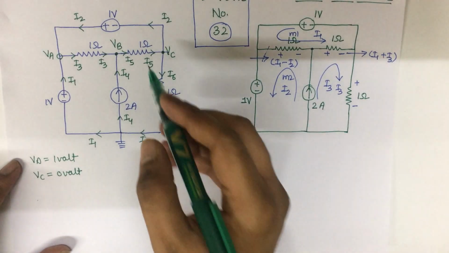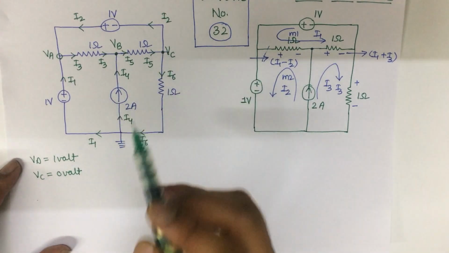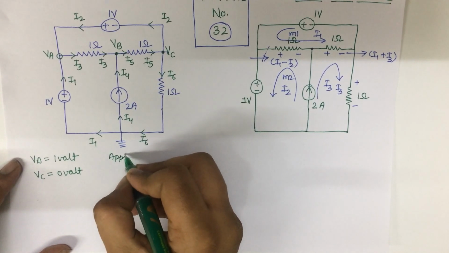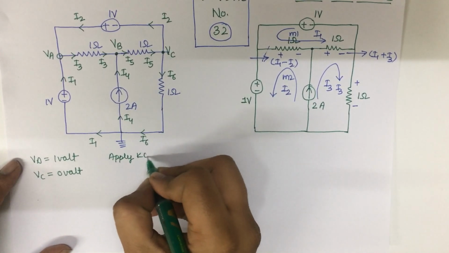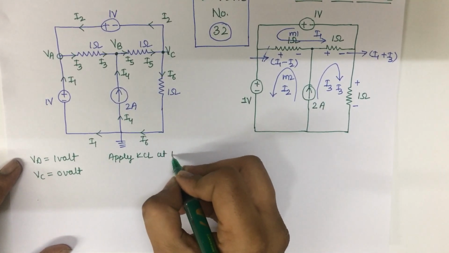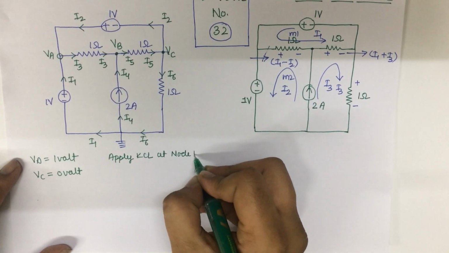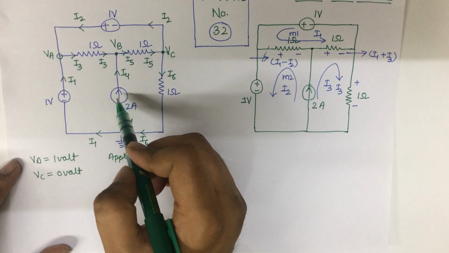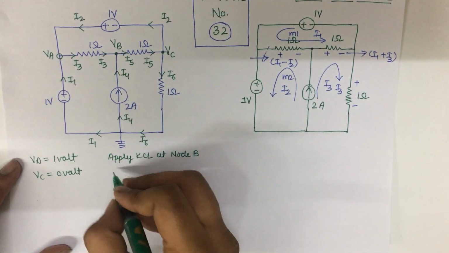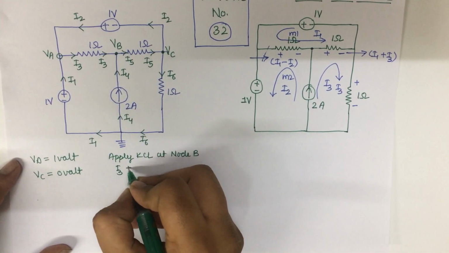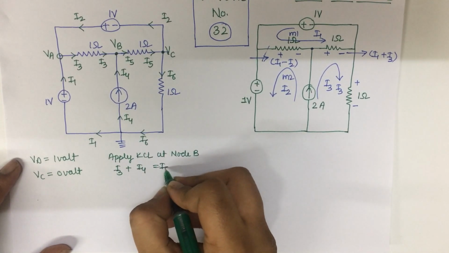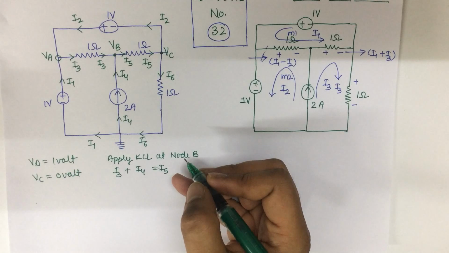Now this is the quite interesting thing in this question. Now apply KCL at node B, which means I3 plus I4 is equal to I5.